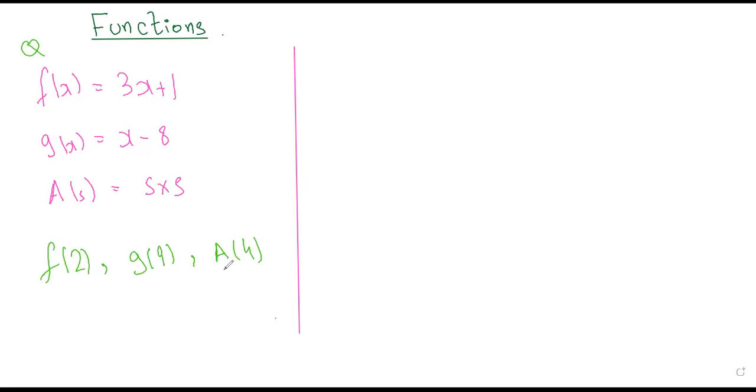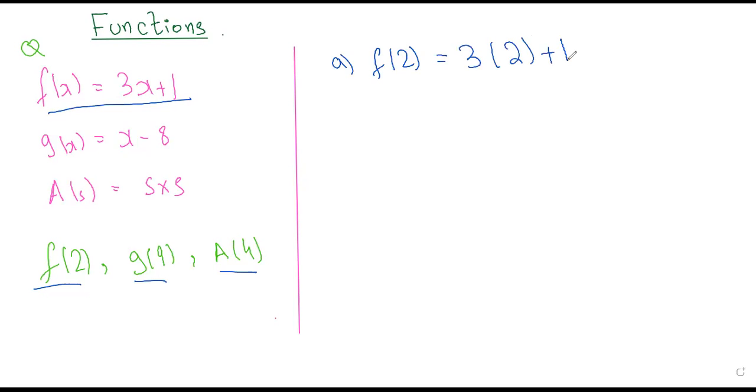So if I talk about f of 2, how am I going to do it? f of x is 3x plus 1. So I'll simply do it this way. f of 2 would be 3 into, instead of x, I'll plug in the value of x, that is 2. So this would be 7. Now, if I talk about g of 9, again, this would be x minus 8.